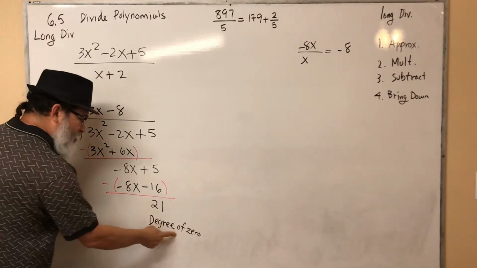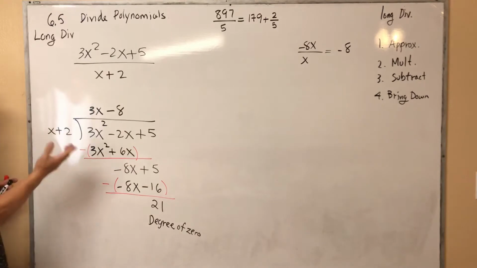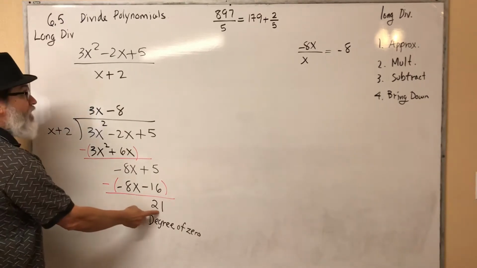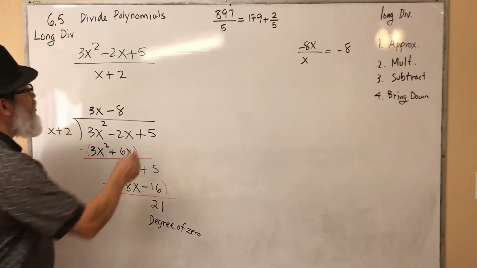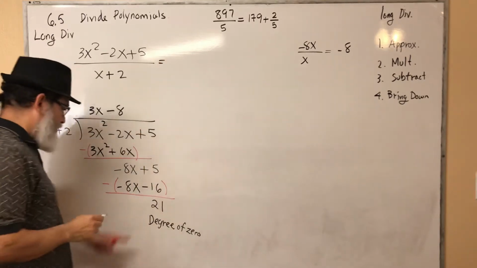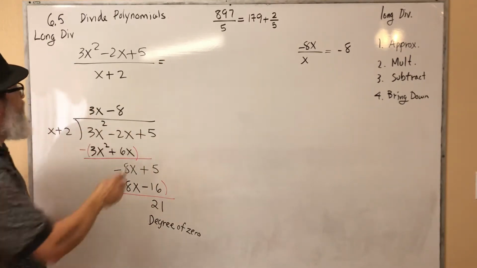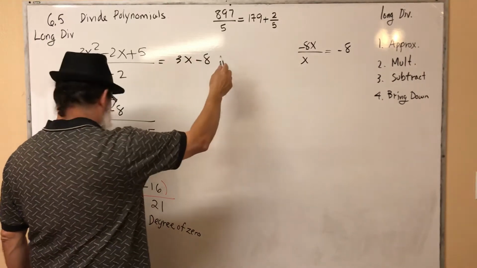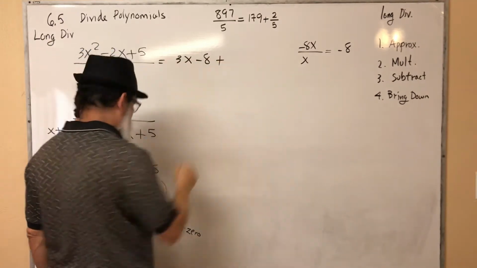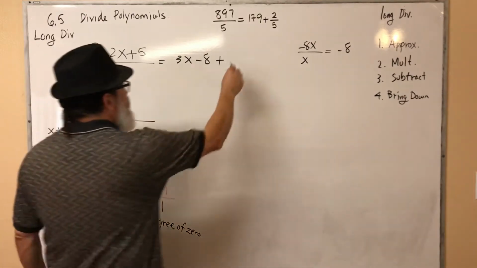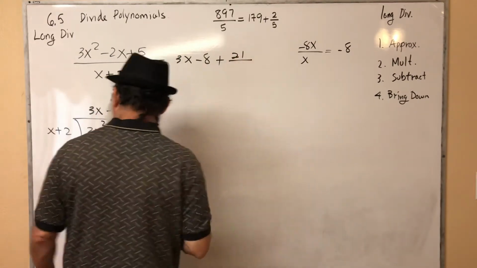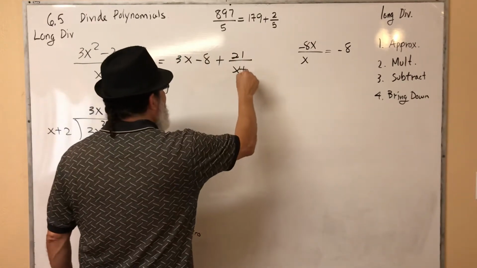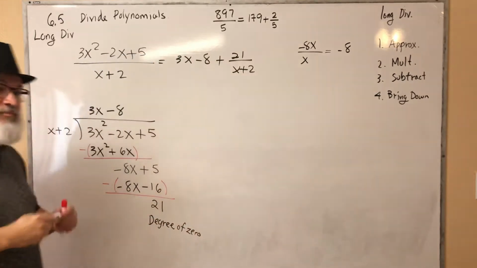Because degree of 0 and degree of 1, you're done. So this must be the remainder. So the solution is 3x minus 8 plus the remainder, 21 over x plus 2. There you go.